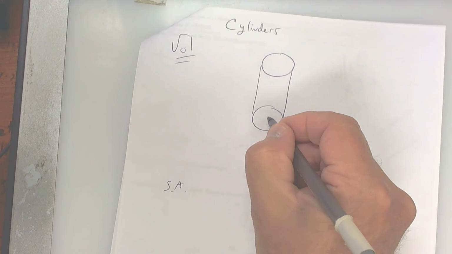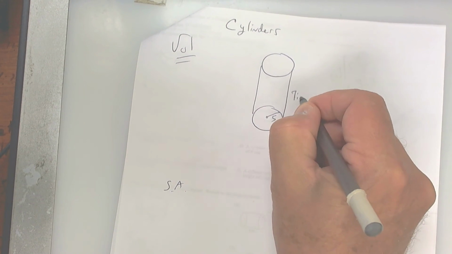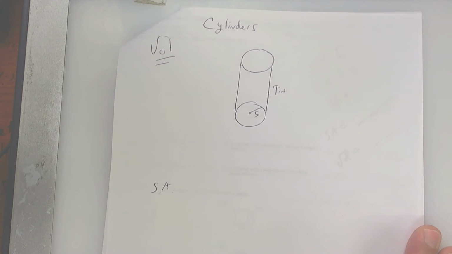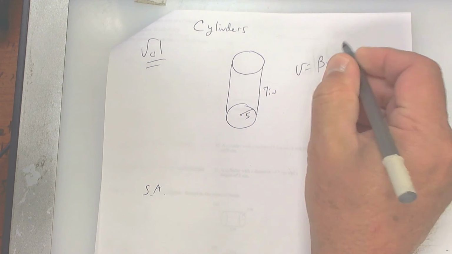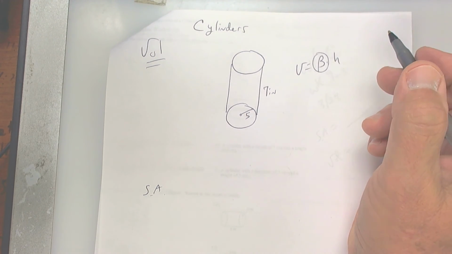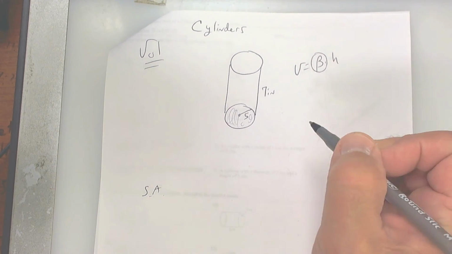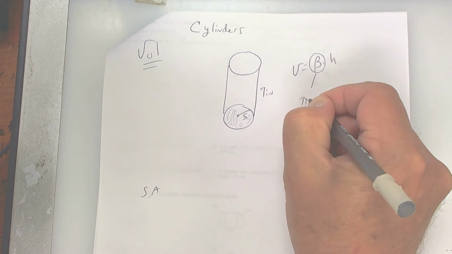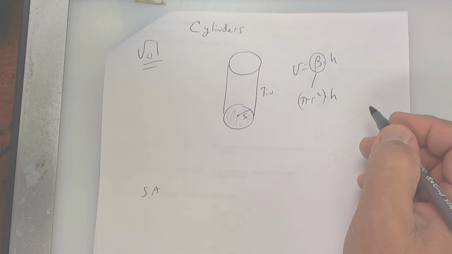Now let's make the radius 5 and let's make the height 7. Okay, copy that down. And then volume of anything is big B times H. Big B is the bottom. The bottom is a circle. So you got to do the area of a circle, which is pi radius squared times the height. That will give you volume.